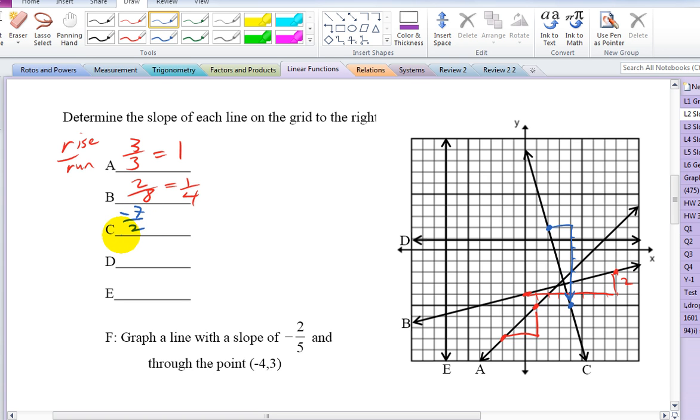So I count negative 7 over 2, rise over run. Now you could have written it as 7 over negative 2, or you could have written a negative sign in front and then 2 positive numbers. Either one of those is fine.